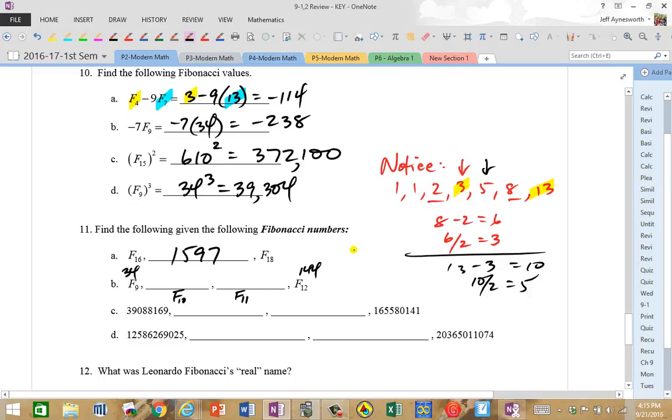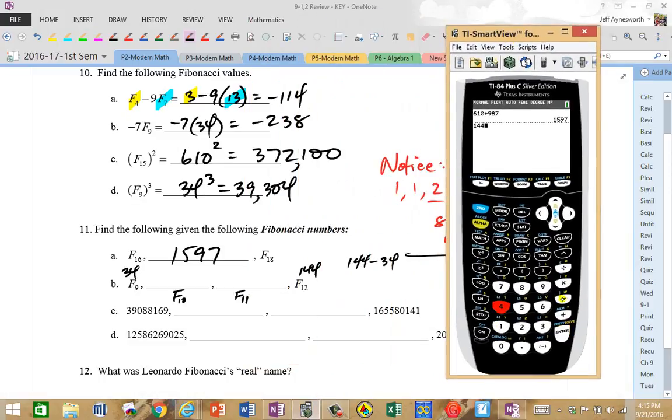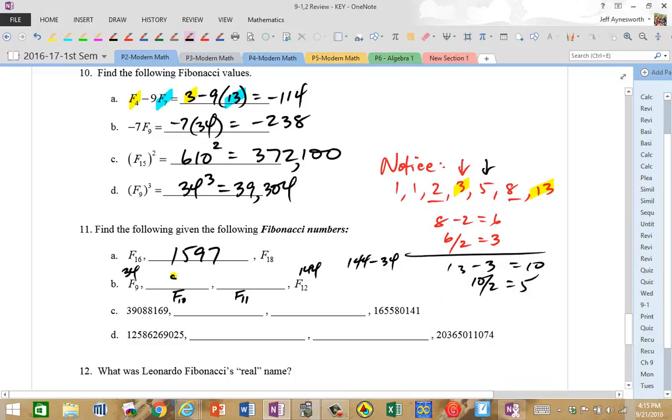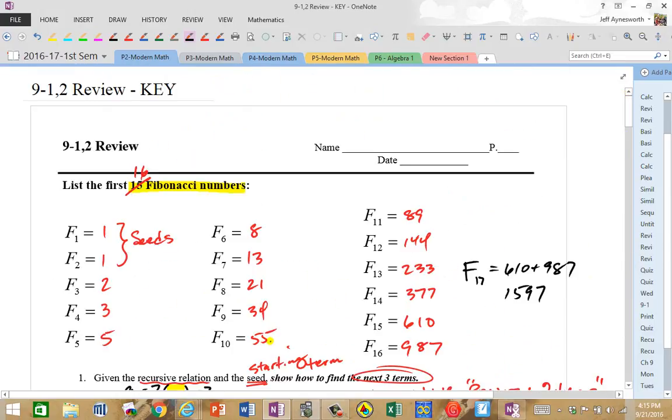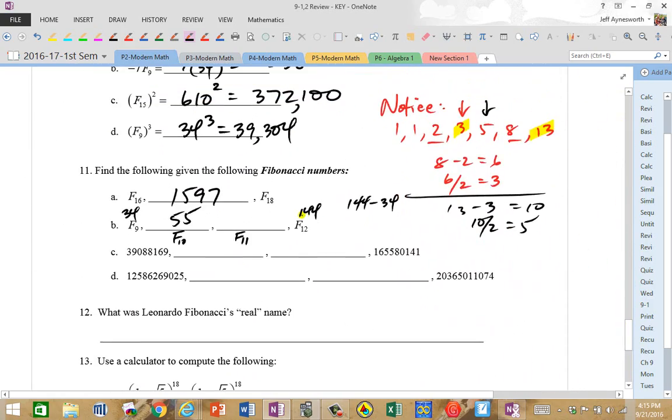So likewise here, I can take 144 and subtract 34. So let's do this. So 144 minus 34, right, divided by 2, and I get 55. Notice that's F10. Let's go verify that. So F10 is 55, see? So if you don't know the two terms in the middle, you could subtract the two that you know and then divide by 2. Let me write that out.